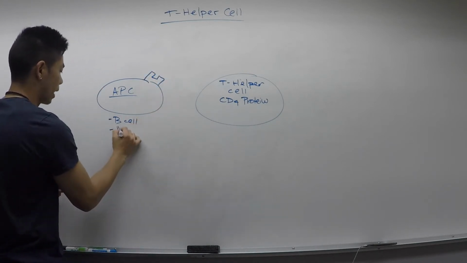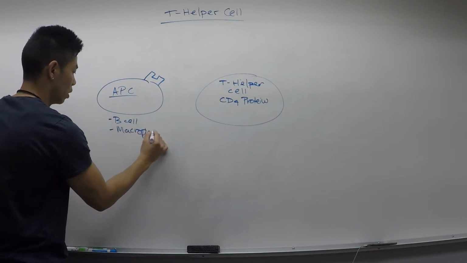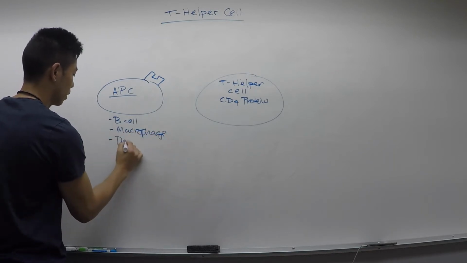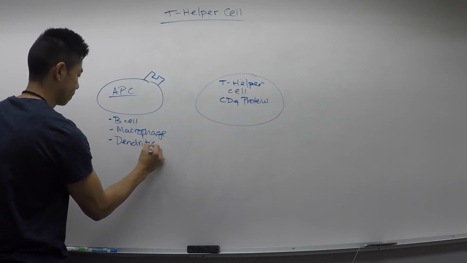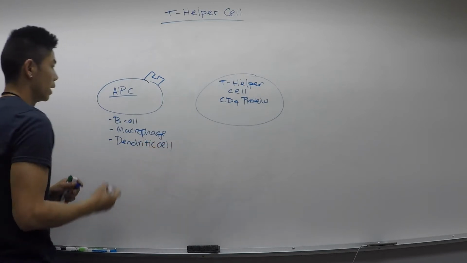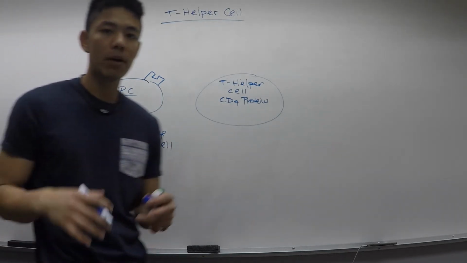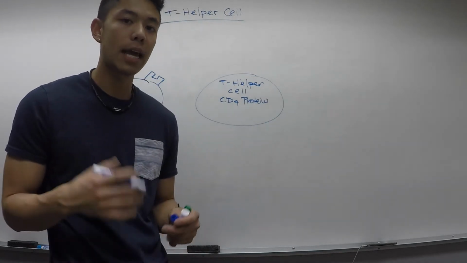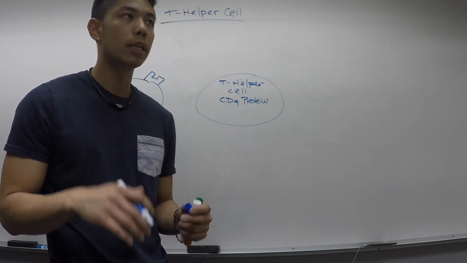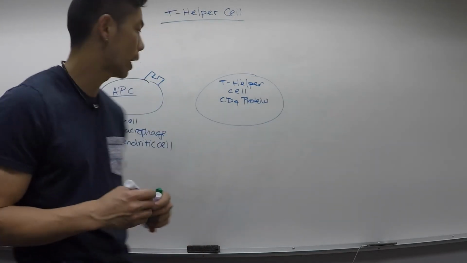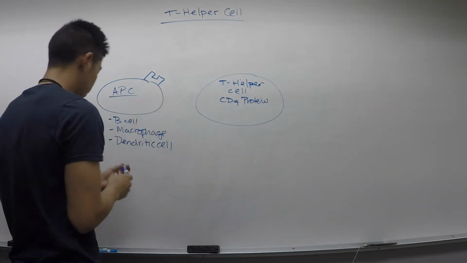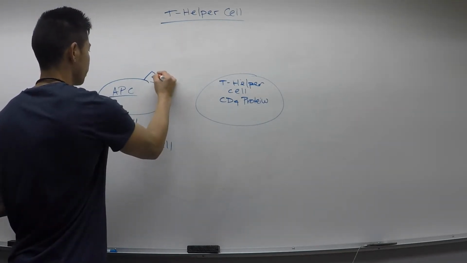It can be a macrophage like we talked about, or it can also be a dendritic cell. The main thing about the antigen-presenting cell is that it's going to have this epitope, or this bacterial peptide, located on the outside of its cell. And I'll draw that in red.